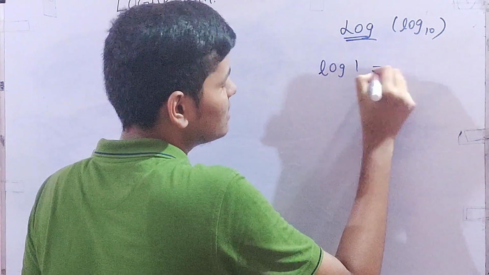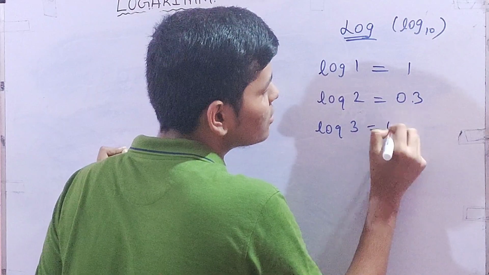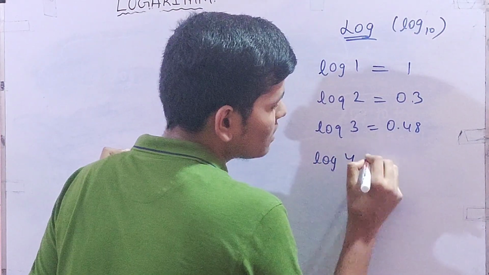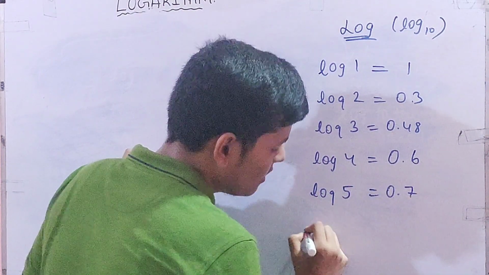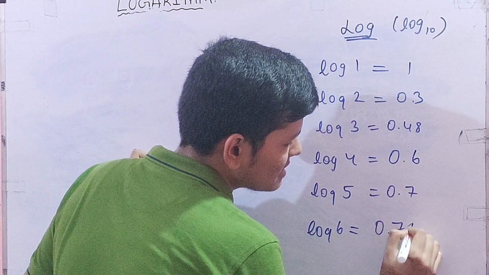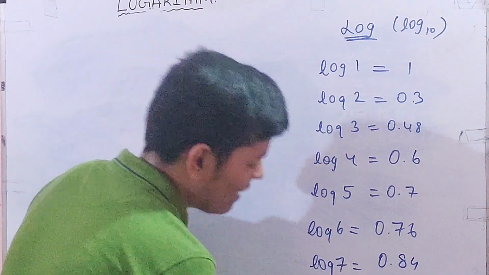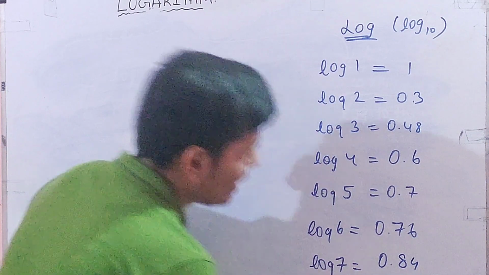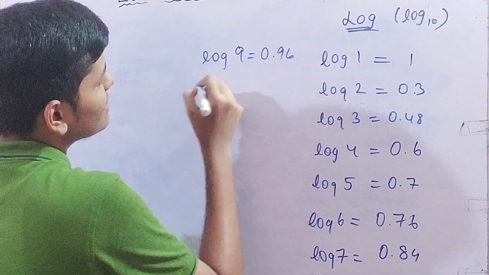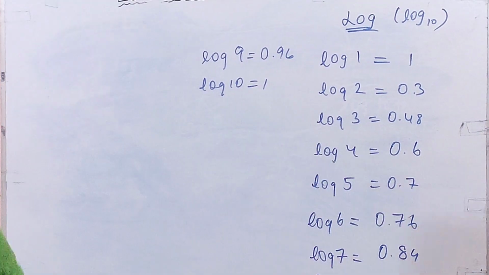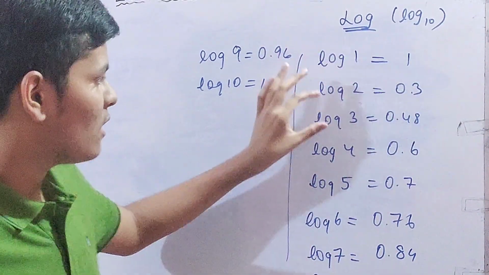The value of log 1 is 1, log 2 is 0.3, log 3 is 0.48, log 4 is 0.6, log 5 is 0.7, log 6 is 0.76, log 7 is 0.84, then we have log 8 as 0.9, log 9 as 0.96, and log 10 as 1. Now these are the values of logarithm.